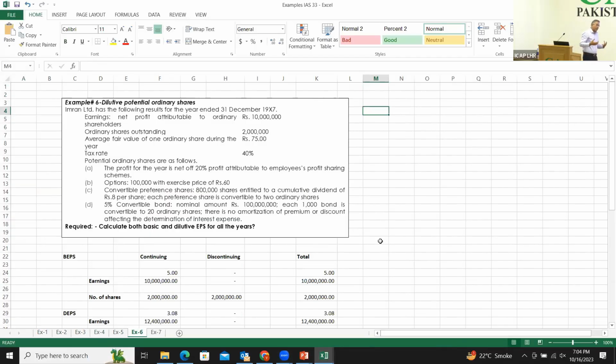When we assume that this is my potential issue, this is also ignored by many entities while calculating diluted earning per share. When I assume, let's say, these potential shares have been issued, the standard says not only the saving on this instrument, but it may have certain consequential effects on other expenses as well.